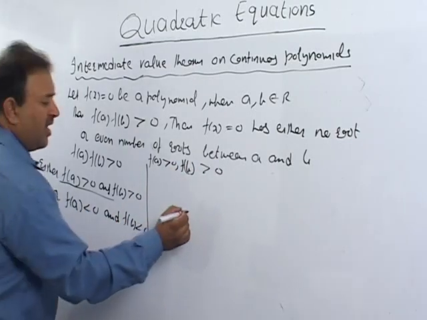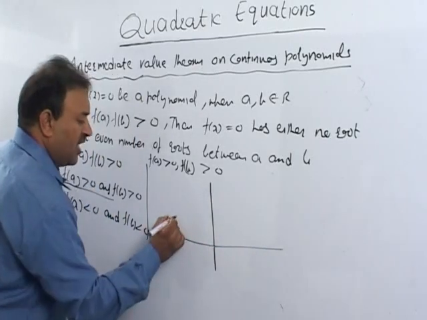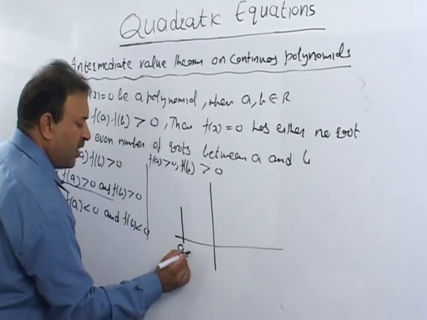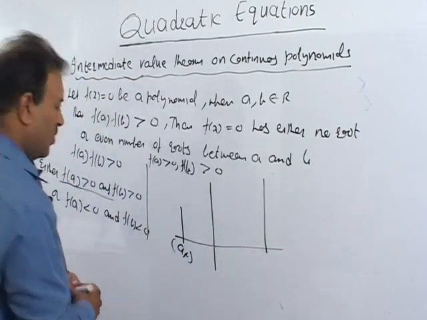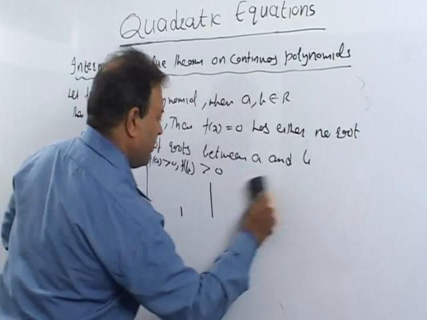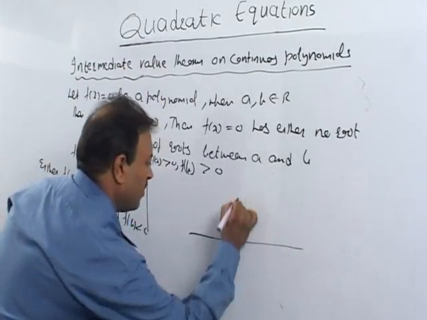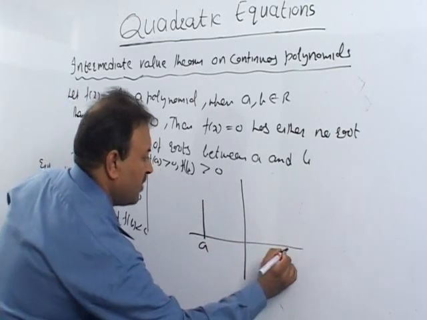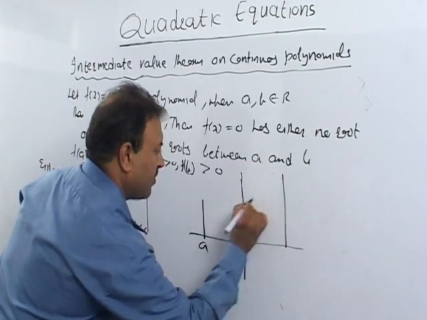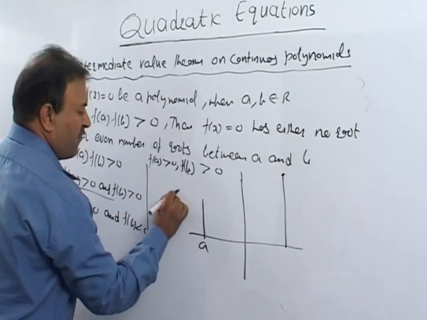Now we just draw a graph over here. I suppose point A is here, and point B is here. This is the x-axis, this is y, this is A, this is B. Now this is f(a).